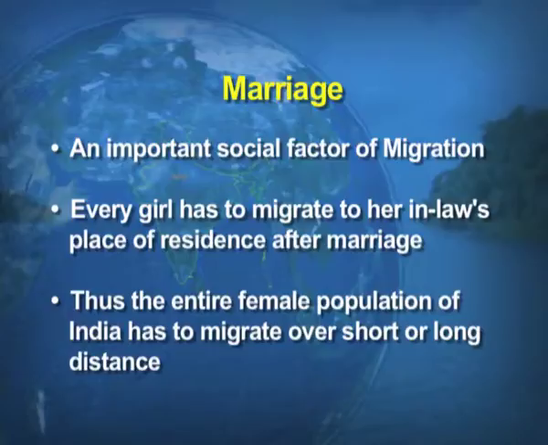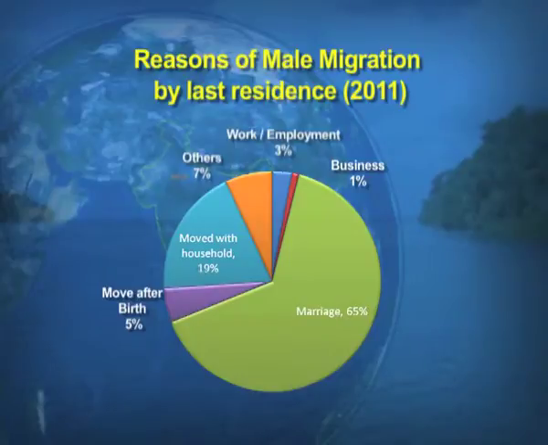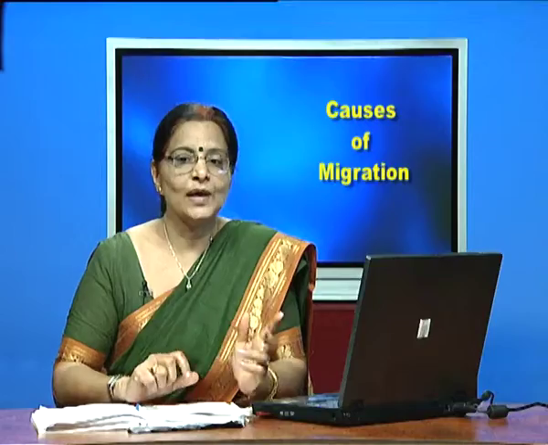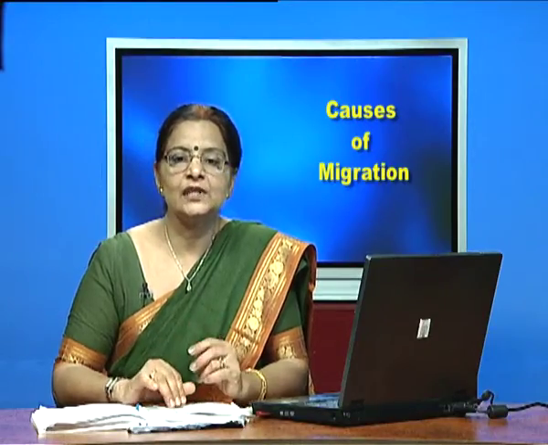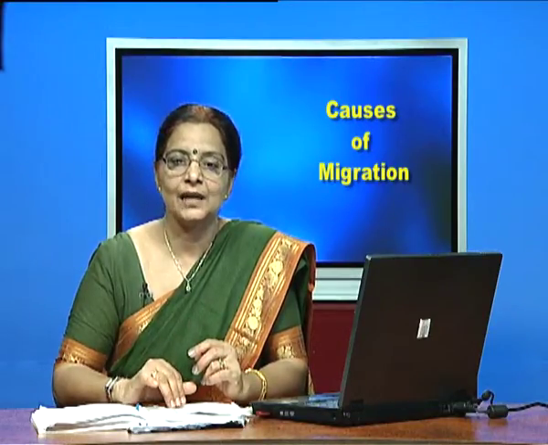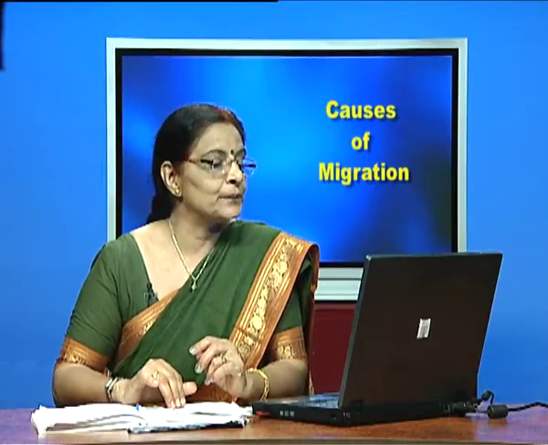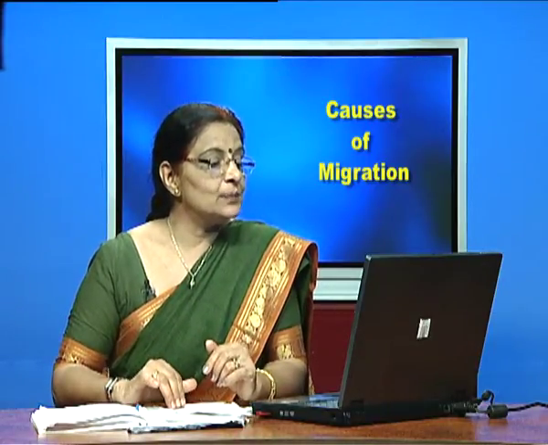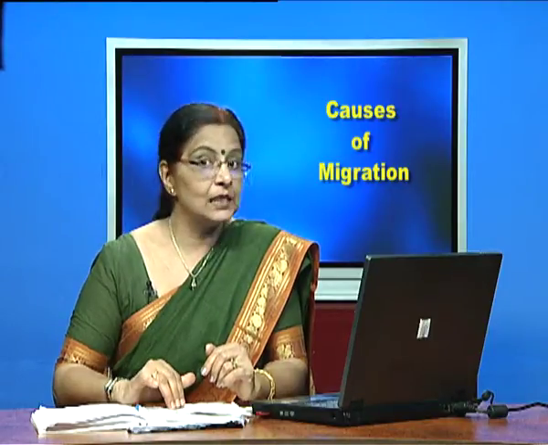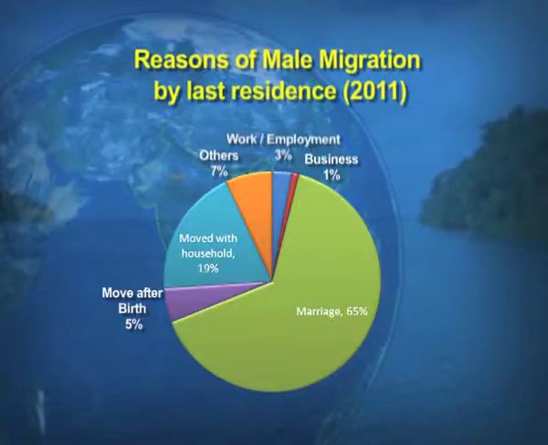which indicates female migration. Here you can see more than 50% of the migration, that is 65% of the migration of females, is only because of marriage. So, you can well differentiate between the causes of male migration and female migration. And the second largest migration among females, as you can see in the visual, is when they move with the households.